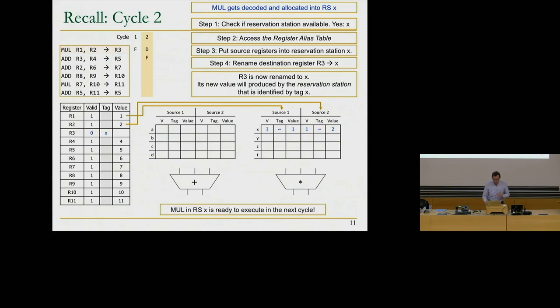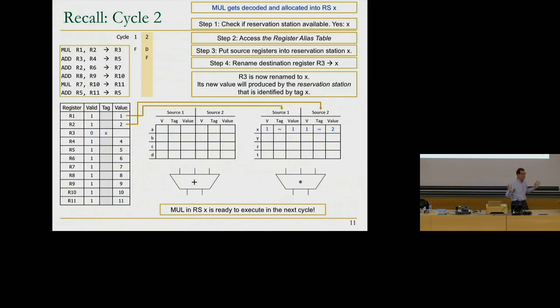I will have a question later on related to this, but we didn't really need to rename it to X, right? X happens to be the reservation station ID over here, but you could have some other namespace. You could have some other ID associated with it, as long as you can ensure that this instruction that's producing this value of R3 is connected to the instructions that are consuming the value.